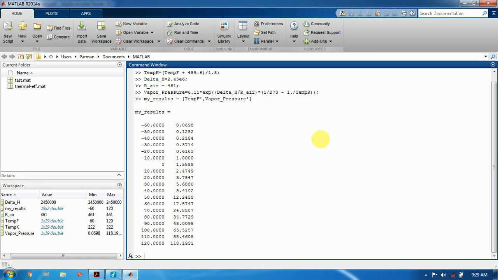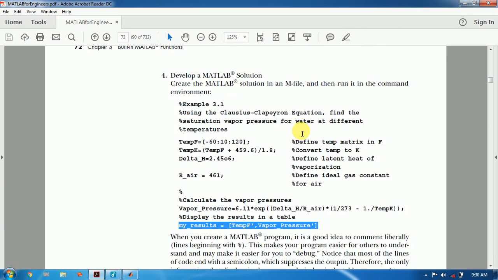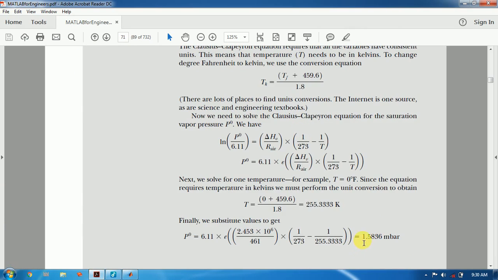Okay, you will find if the temperature is 0 Fahrenheit, we will get vapor pressure 1.588 millibar. That is equal to the manual solution.